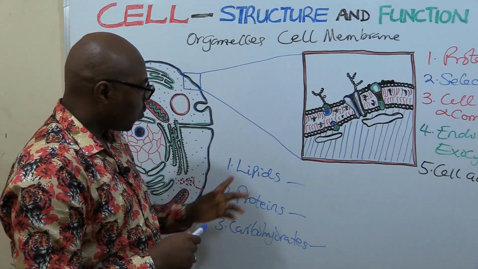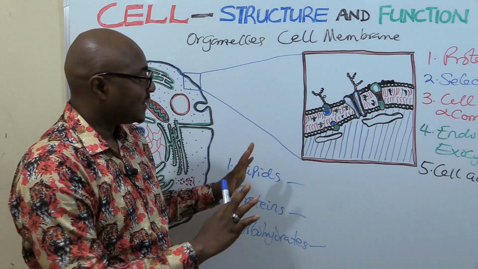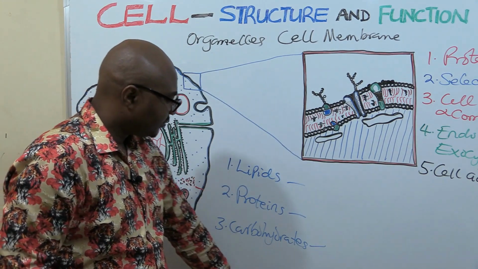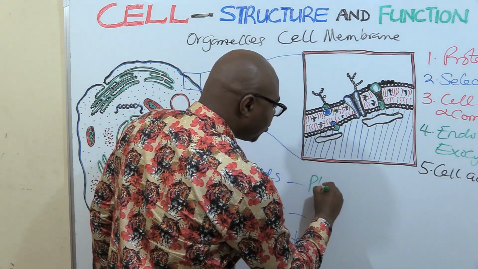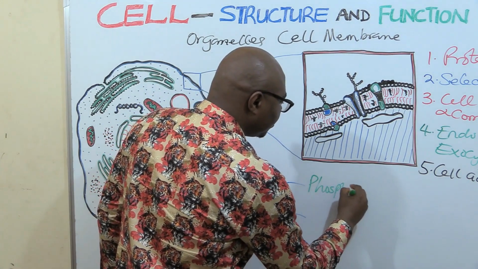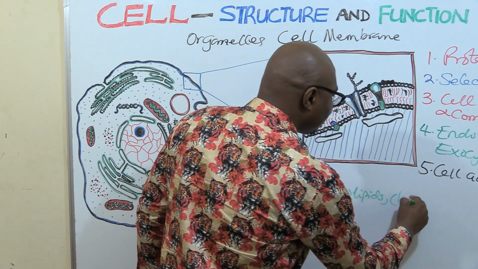Now, what are the kinds of lipids that are located in the cell membrane? Now you have what is known as phospholipids. You have cholesterol.